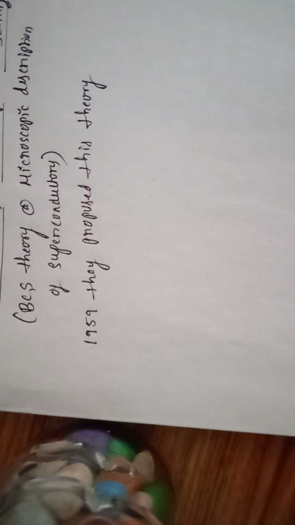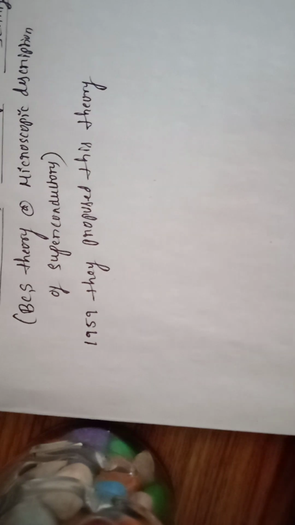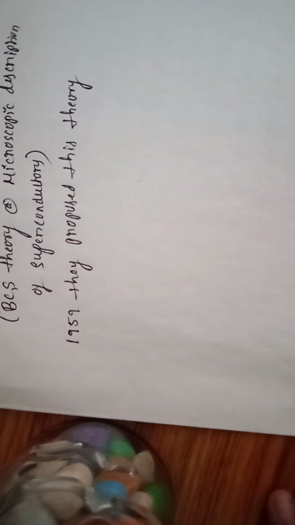But in the case of a superconductor, what happens? Why does the resistivity go to zero, and why do these materials show perfect diamagnetism? Each and every detail we get from this theory. Okay, we will understand how the theory works out.